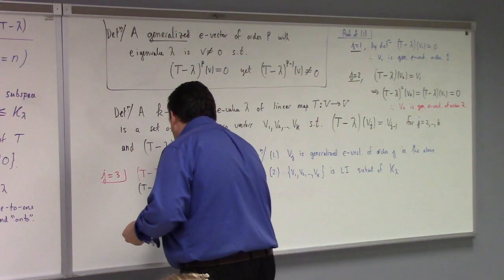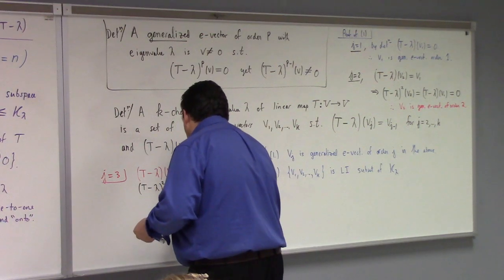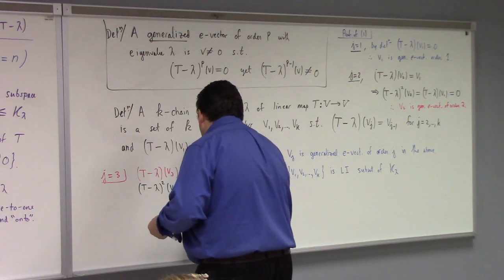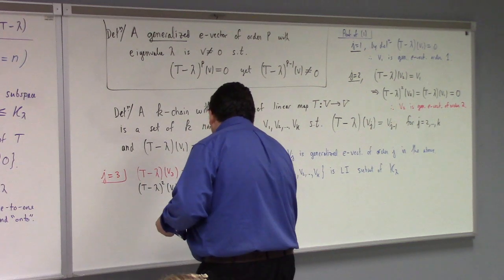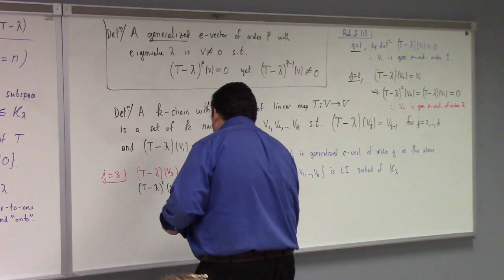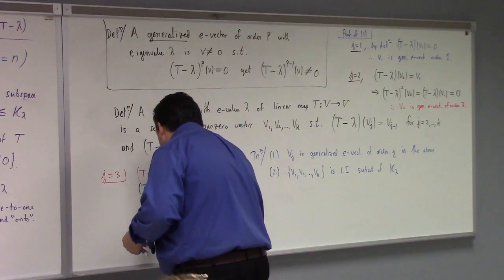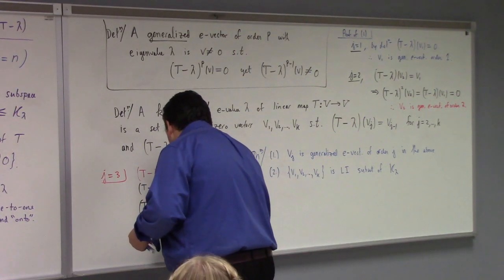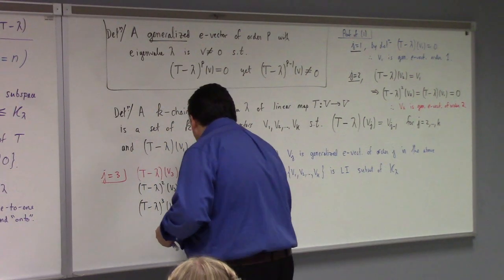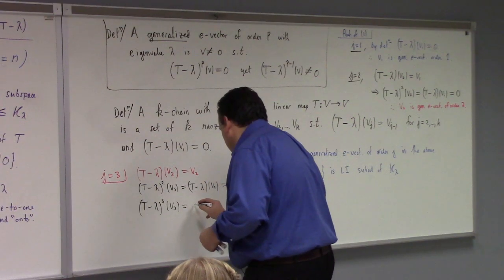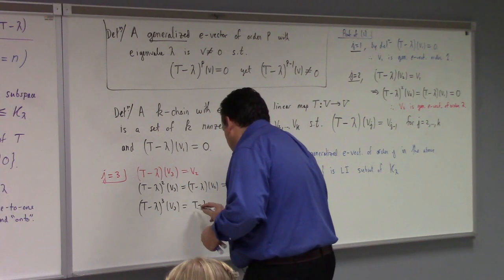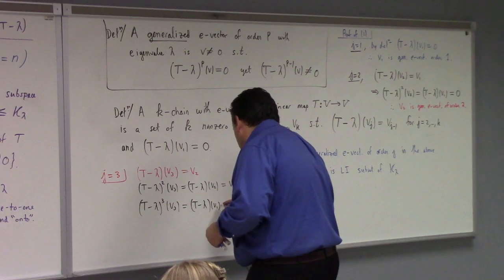So if I do it once, then (T minus lambda) on v2 is what? It's v1, right? Which, by the way, is not equal to 0. And yet, when I take (T minus lambda) cubed on v3, I have (T minus lambda) on v1, which is 0.